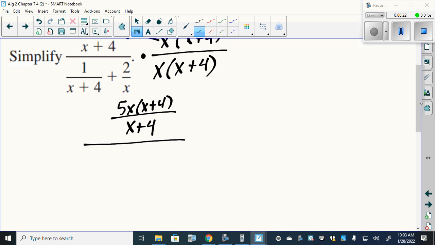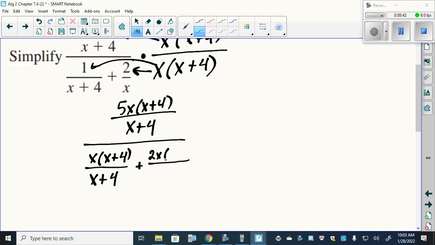In the denominator, we do have to multiply it with the 2 and with the 1. So with our 1, we'll have x times x plus 4 over x plus 4. Plus, here we'll have 2x times x plus 4 over x.